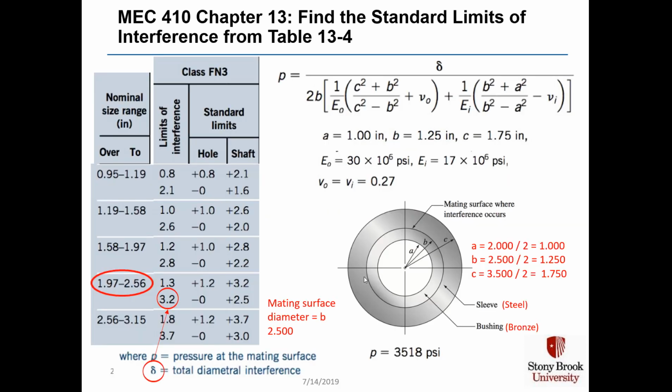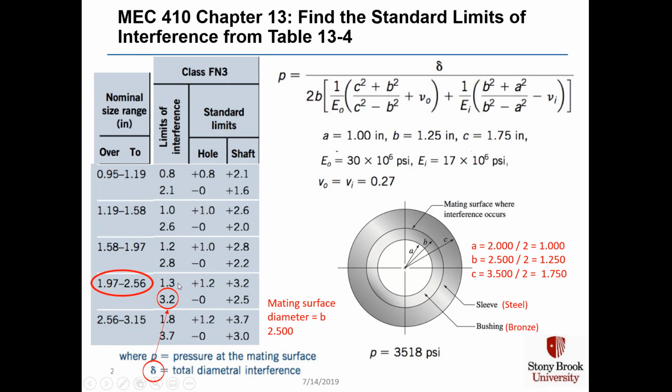Using our interference table for class FN3 fit, we see that the nominal dimension B has a diameter of 2.5 inches, which is between 1.97 and 2.56 inches, so we're on this row here. And the total diametral interference is the worst case of the limits of interference.